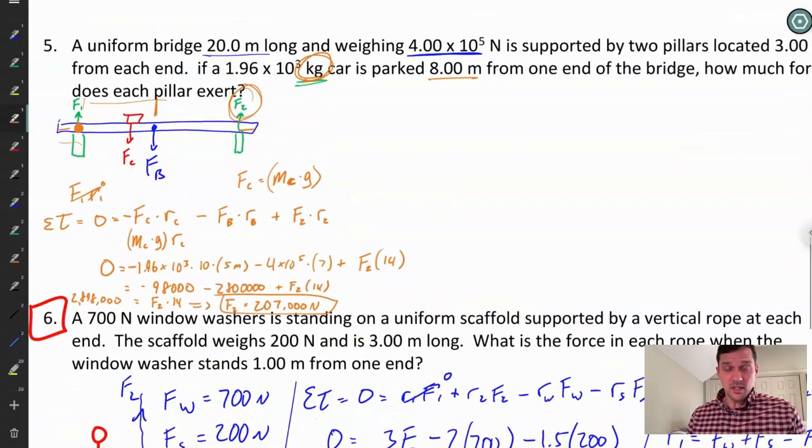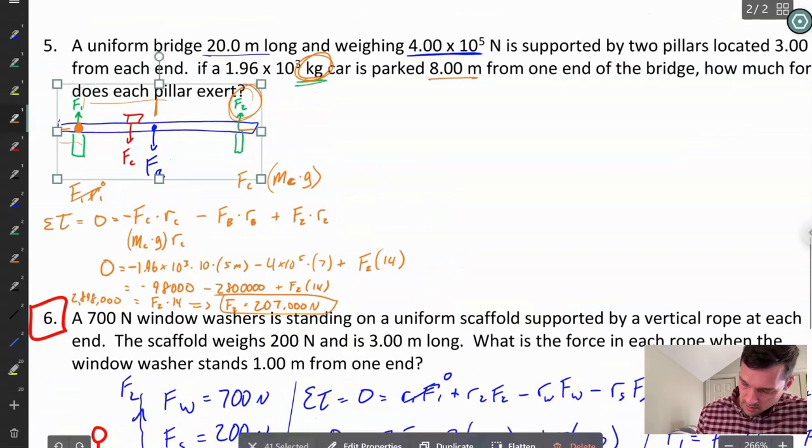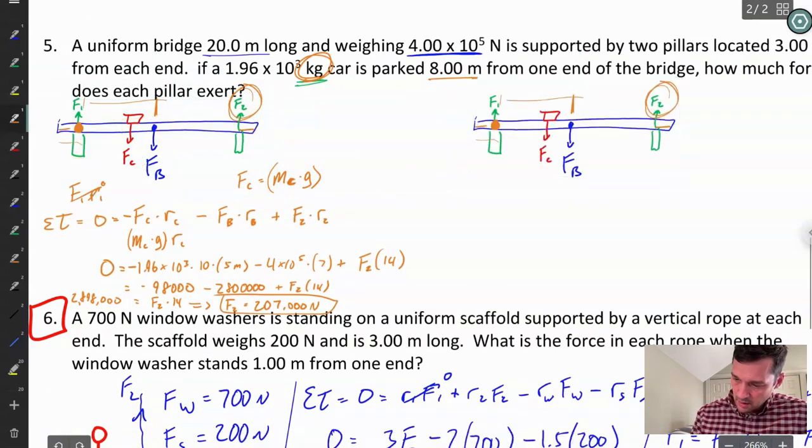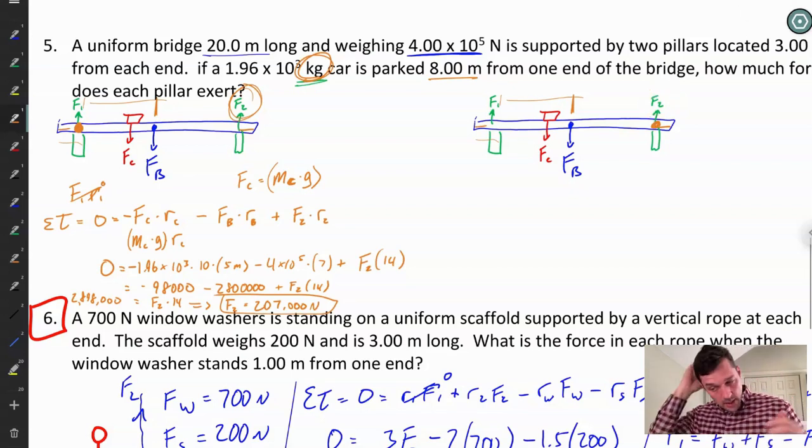Basically, we repeat that process, just flipping all of our perspective over to the right-hand side. So instead of placing our pivot at the left-hand pillar, we're going to place our pivot at the right-hand pillar and repeat that whole thing.